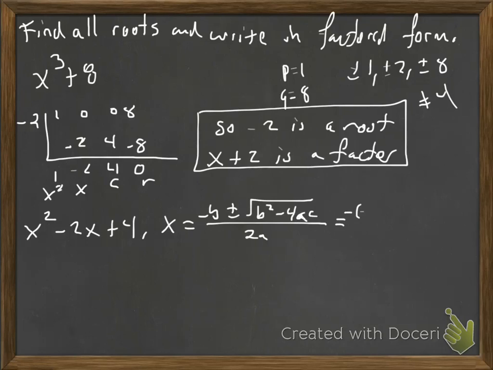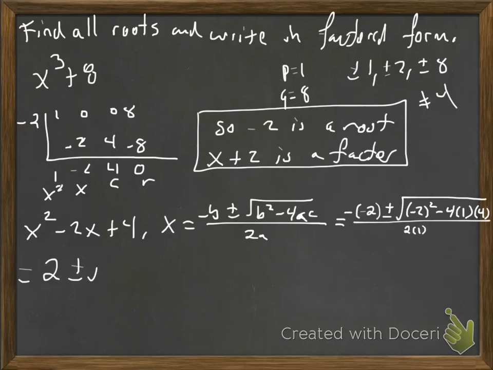So that's going to be negative negative 2, plus or minus the square root of negative 2 squared minus 4 times 1 times 4, all over 2 times 1. So the negative 2 will make positive 2, so 2 plus or minus, and then it's going to be 4 minus 16.